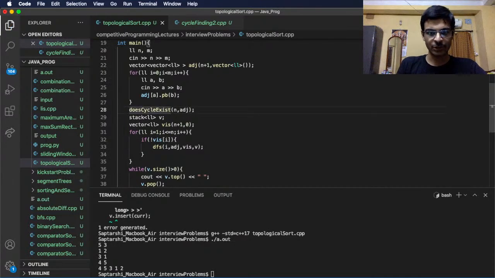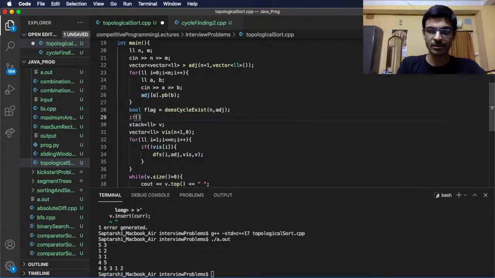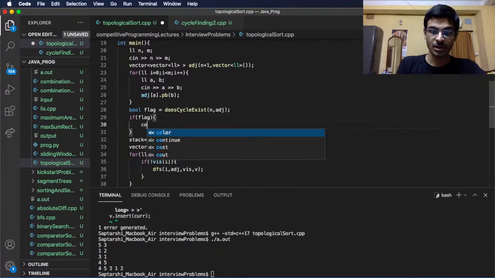So I will get some value from here, a boolean flag, or you can mention it as is cycle. If the flag is true, then you are going to say if flag, then cout impossible, endl.